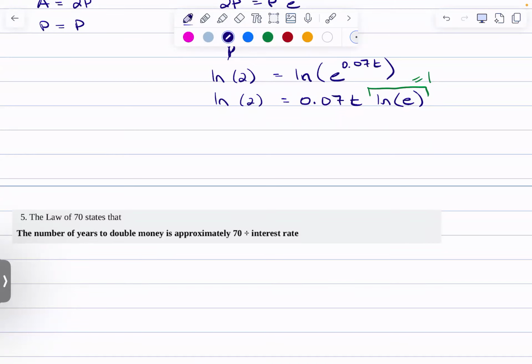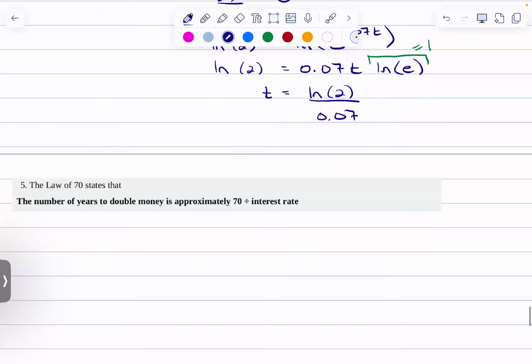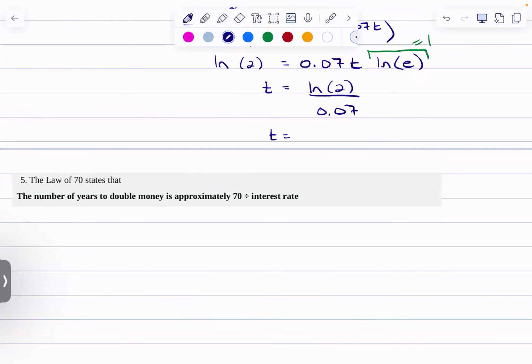So then I'm left with t must be the natural log of 2 divided by 0.07. The natural log of 2 is 0.0693, and divided by 0.07, I get a t of 9.902102579 years.